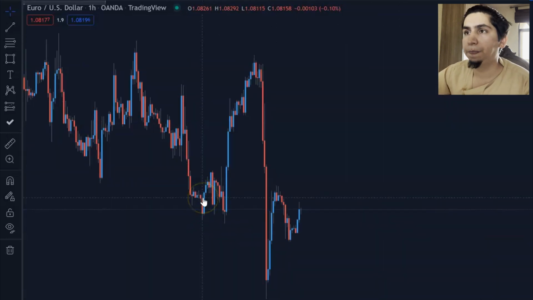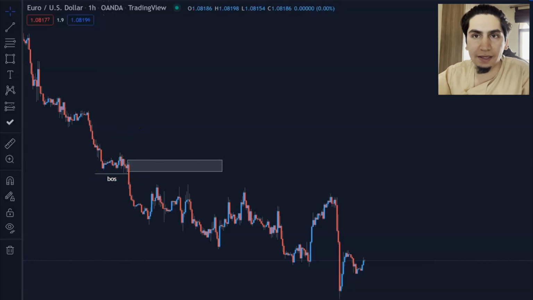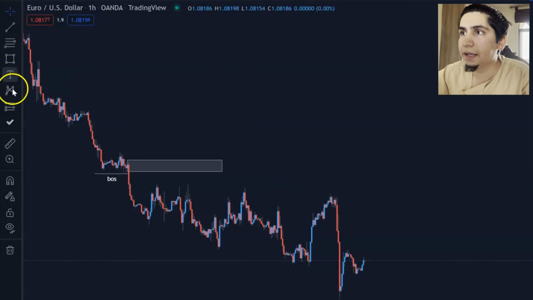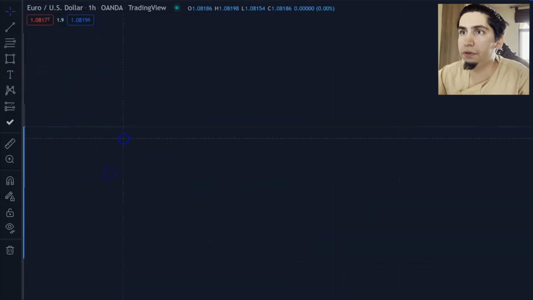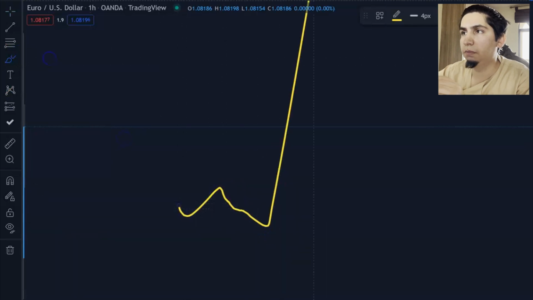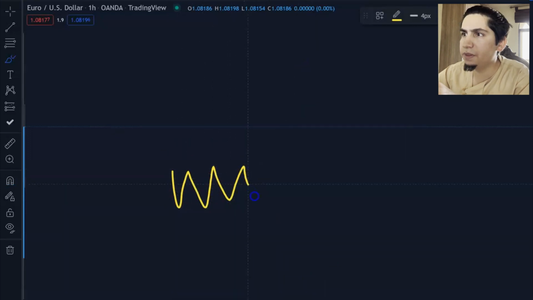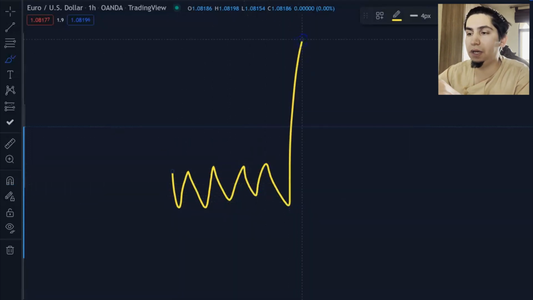That's order block. What do I mean when I say break of structure? It's basically like this, where price is playing around, ranging for a bit, and then it moves in a direction. That is a break of structure, as simple as that. This is a clean break of structure. Let me show you. If you have price playing around, boom, that's a bit too aggressive. Ideally, you want price to move up, down, up, almost like within a range, and then break into a direction.